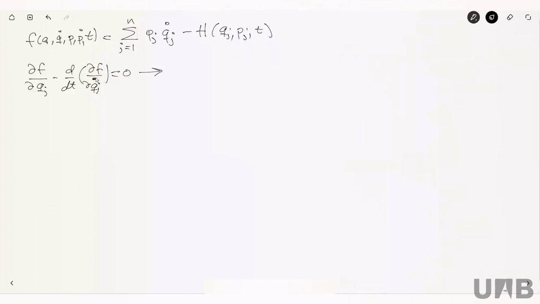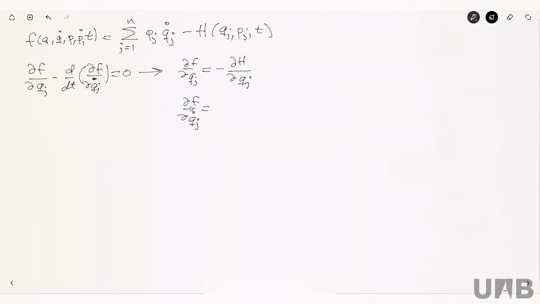So let's compute. What is the derivative of f with respect to qj? Again, q, p are all independent of each other. So when I take the derivative of this f with respect to q, here I don't see any q, here I do see a q. So that's minus the derivative of h with respect to qj, right? So that's this part. And what is the derivative of f with respect to q dot j? Well, here I see a q dot.